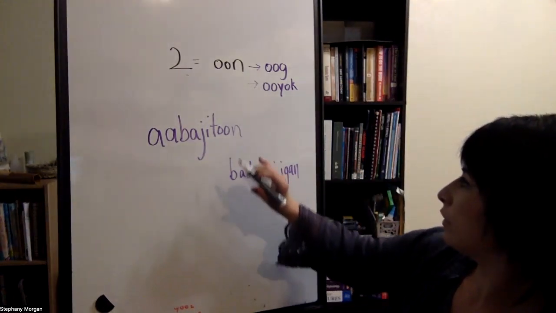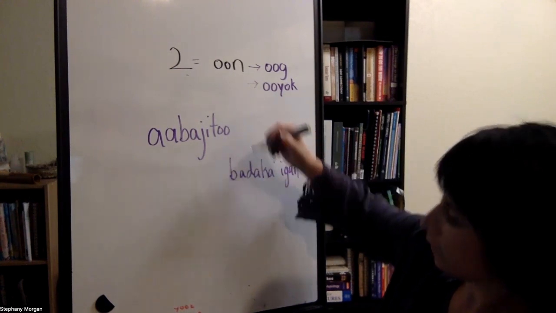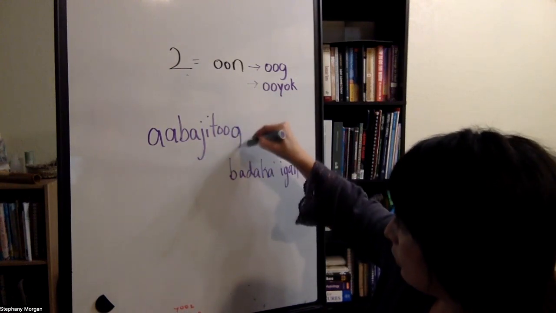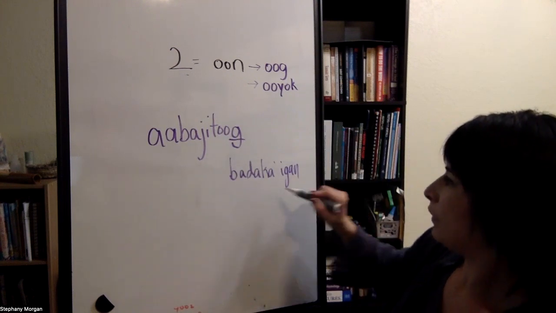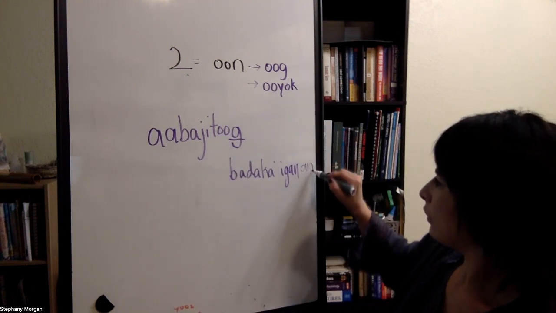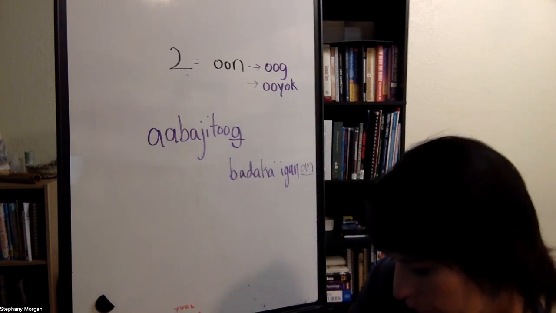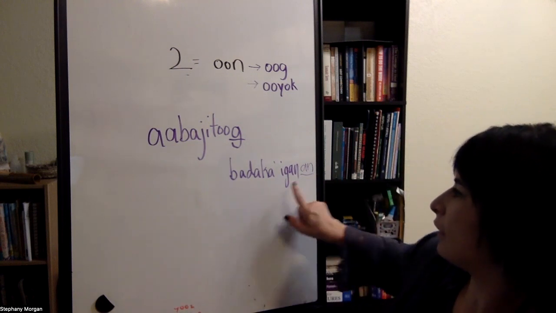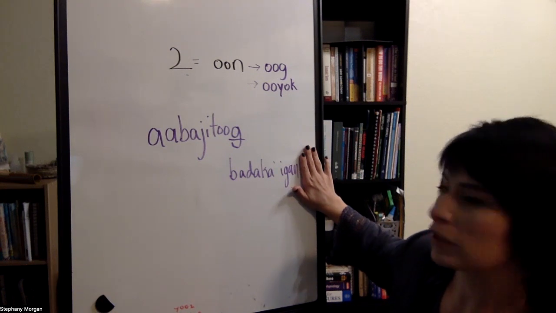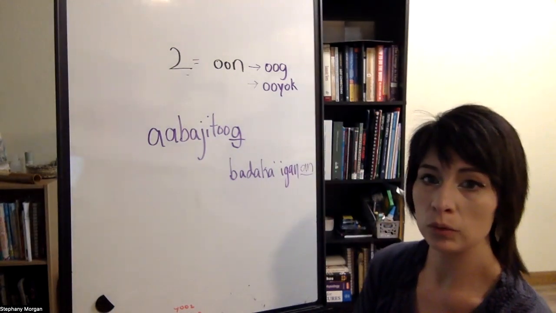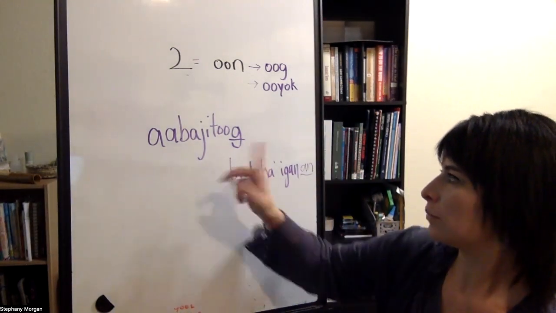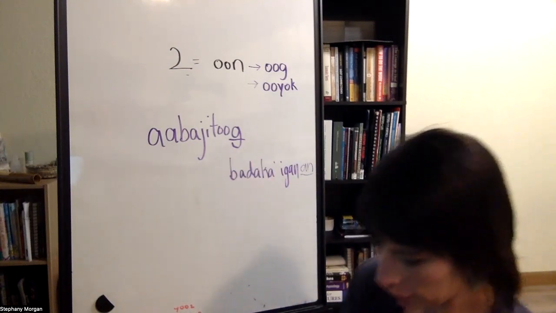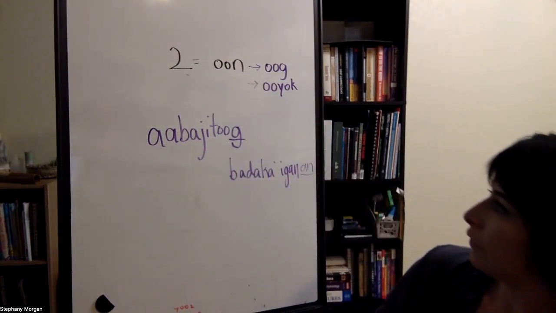So abajatun becomes abajatug. Abajatug, but the kagan. Everybody use a fork, or everybody use forks.